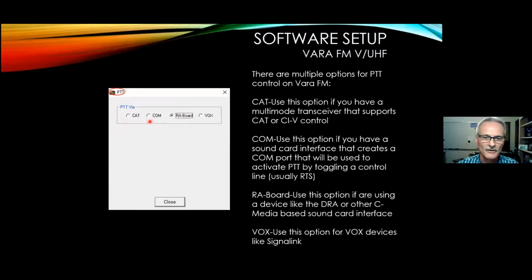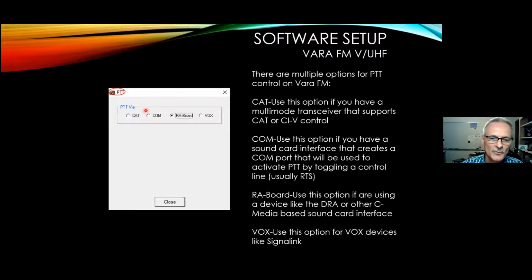There are the other options you have here, CAT control. So if I'm using a transceiver that's got the soundcard built into it, like an IC-7100, I will select CAT here, and we will actually send the CI-V command over the serial interface to tell the transceiver to go into transmit mode.